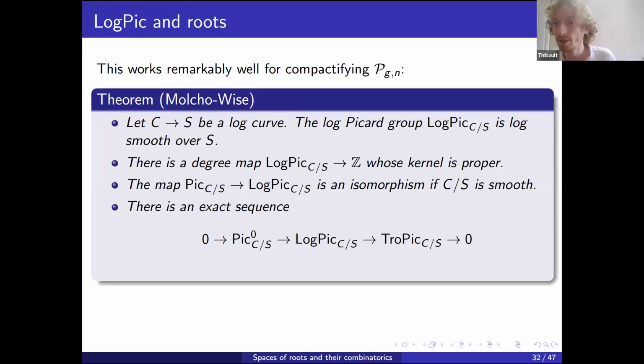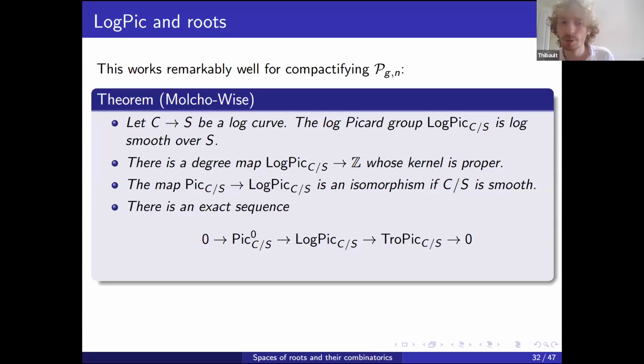I'm not going to tell you what this is, but I'm going to tell you that it's a tropical object. It's a combinatorial object, so it's very nice to work with. It's all combinatorics. And yeah, this is the big theorem telling you that log Pic is well behaved.